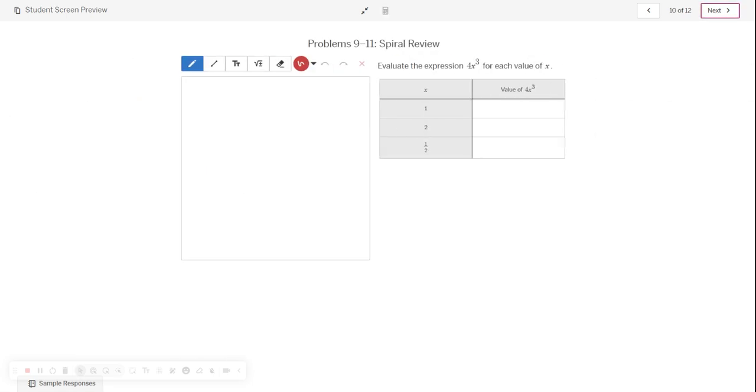Okay, some exponents. Well, 4 times 1 to the 3rd power. Well, 1 times 1 times 1 is just 1. So you get 4 times 1 equals 4. Then I get 4 times 2 cubed. Well, 2 times 2 times 2 is 8. So 4 times 8 is 32.